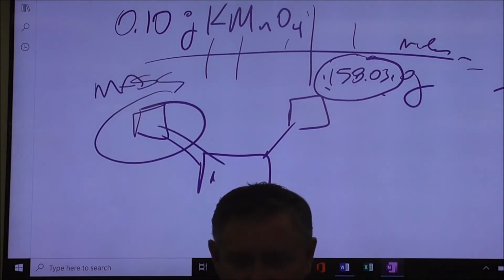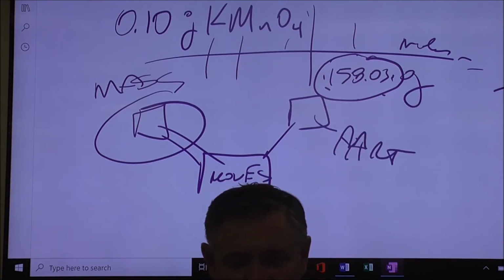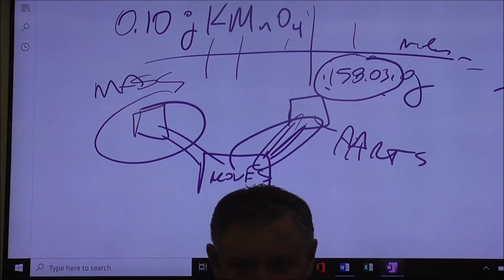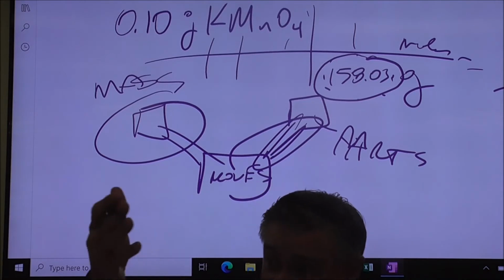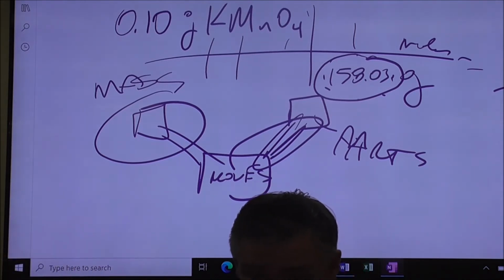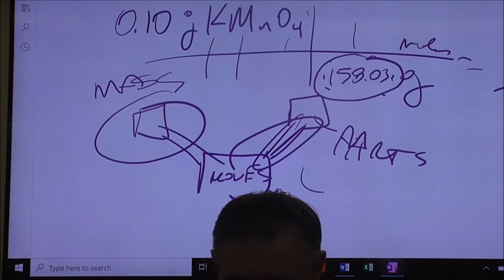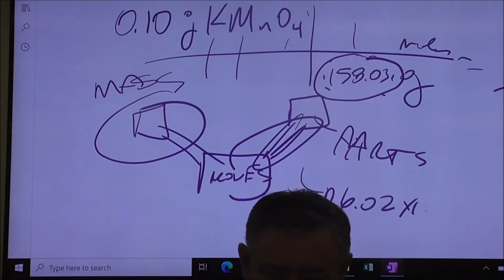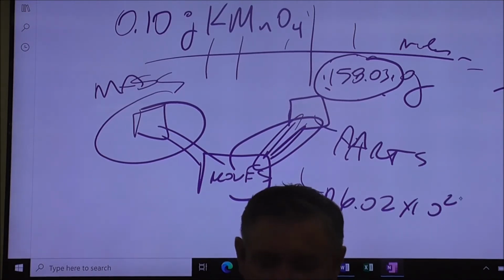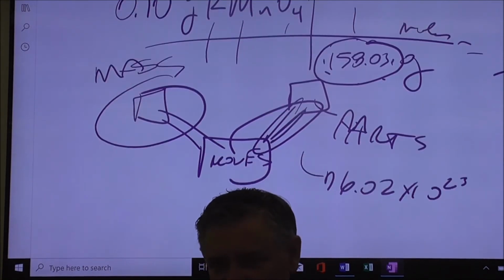What number do you use? I'll give you a hint. It's a green fruit. Avocados, which is Avogadro's number, 6.02 times 10 to the 23rd. If you have 1 mole of anything, you have 6.02 times 10 to the 23rd.